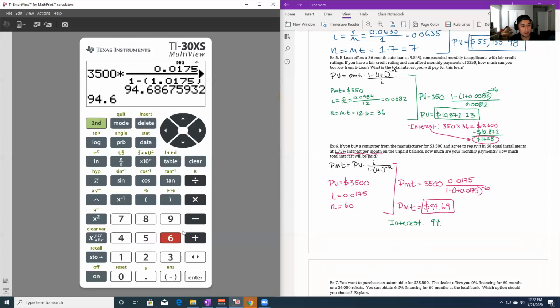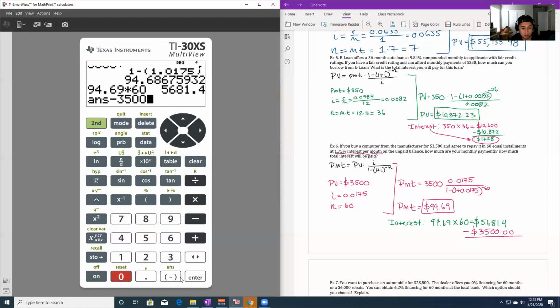So 94.69 times 60, which means that, oh boy, not good, you'll pay back $5,681.40, which means subtract the original amount of the computer. 5,681.40 minus 3,500, you'll pay back $2,181.40 in interest.